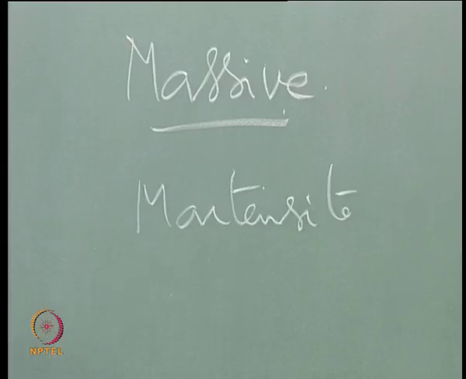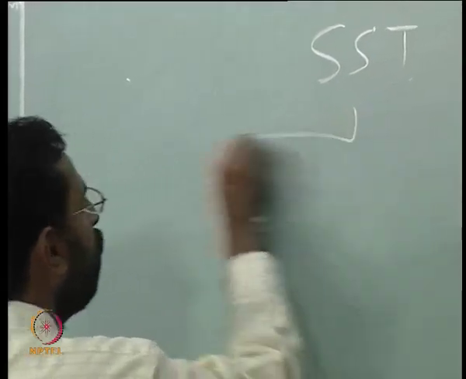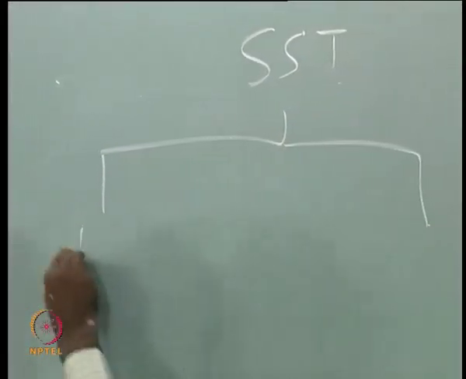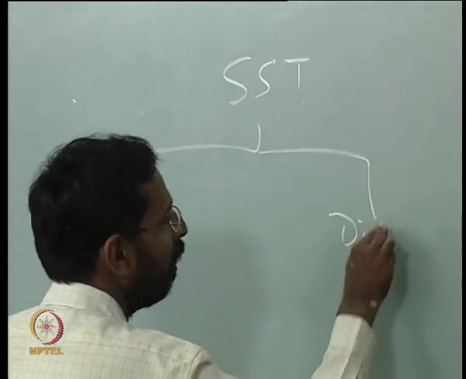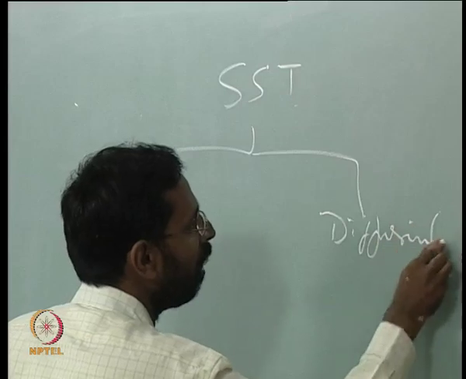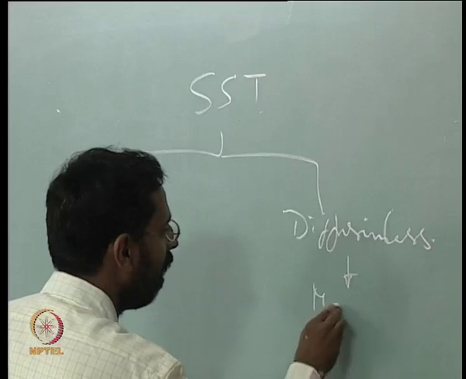In fact if you want to talk about solid state transformations, they can basically be divided into diffusion based and diffusionless. This is simply one way of talking, and diffusionless is what is called Martensite.